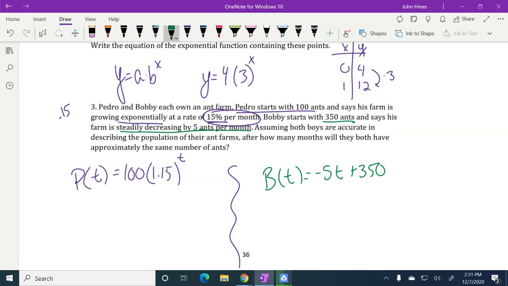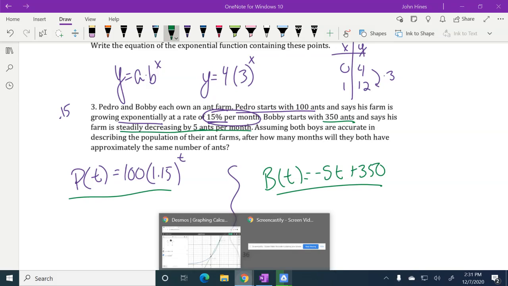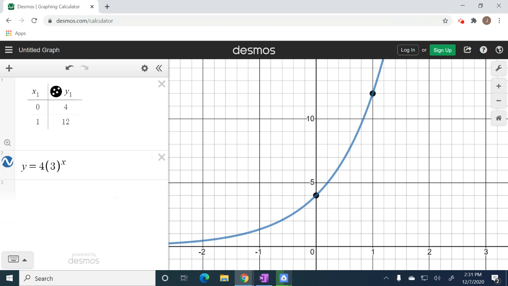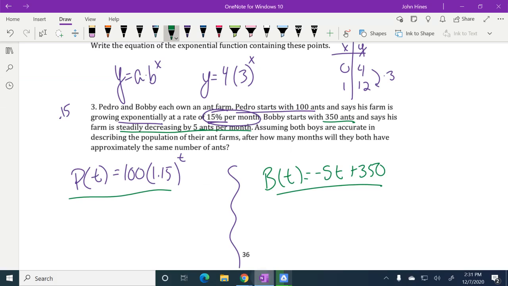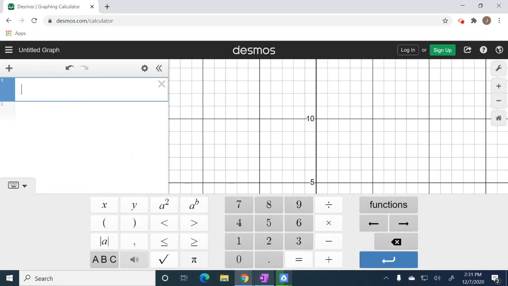How many months will they have about the same number of ants? So let's use a table. Let's use a table for these 2 equations that we made here. So in this case I'm going to Desmos, go to y equals and we're going to type in y1 equals 100 times 1.15 raised to the x.